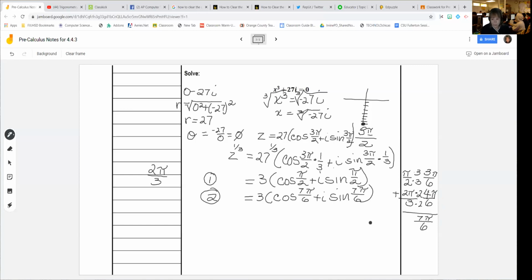I need one more. So I'm going to take my latest angle, which is 7 pi over 6, and add 2 pi over 3. Common denominator is 6. So I need to multiply by 2.